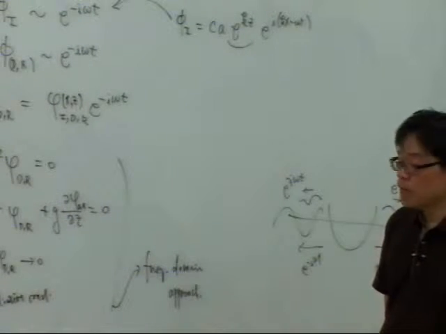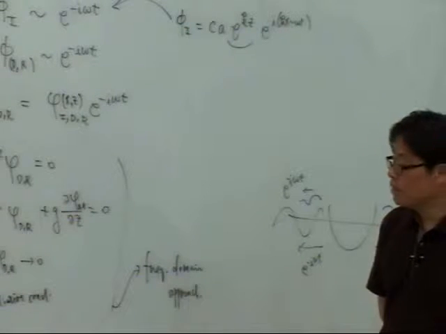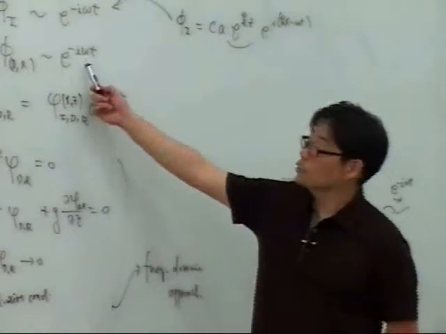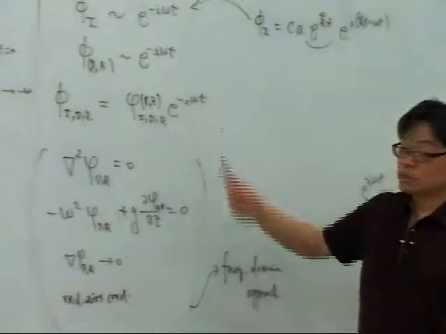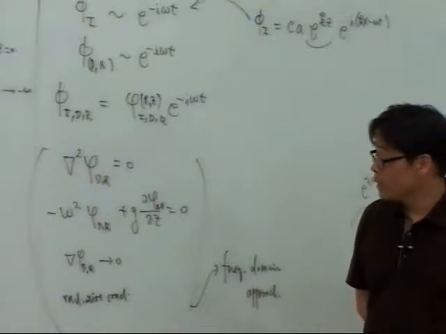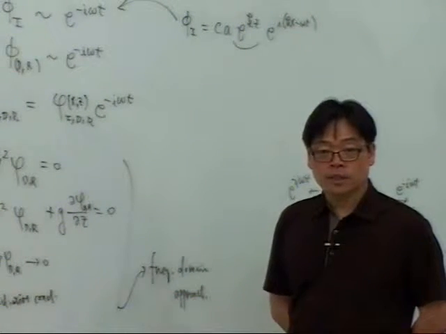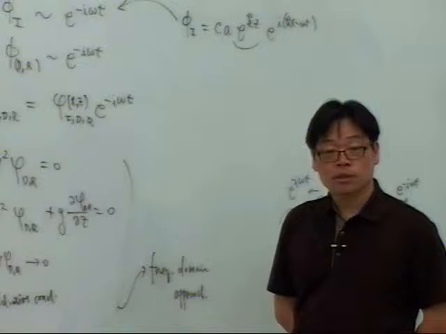So if someone says, I solve the radiation problem in the frequency domain, which means you assume the velocity potential is proportional to e to the minus i omega t, then this is the boundary value problem that you have to solve.